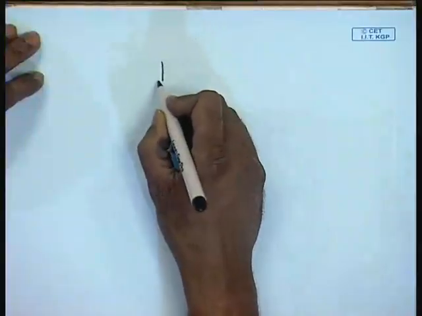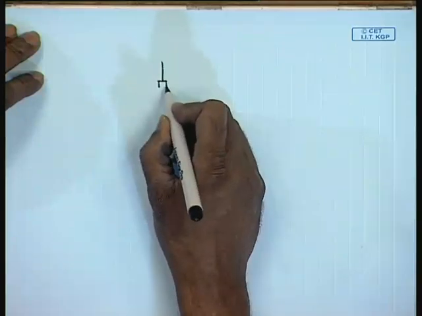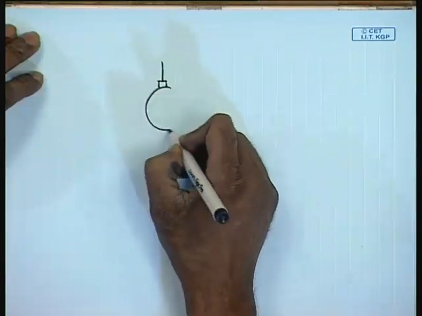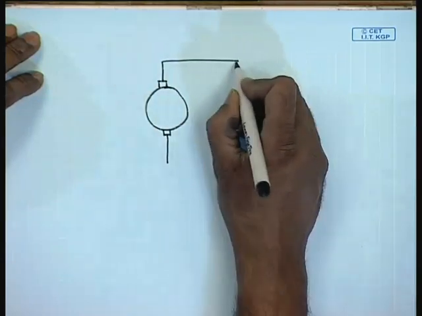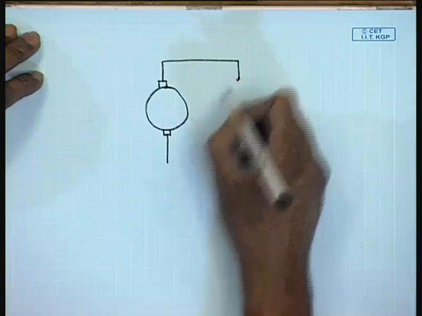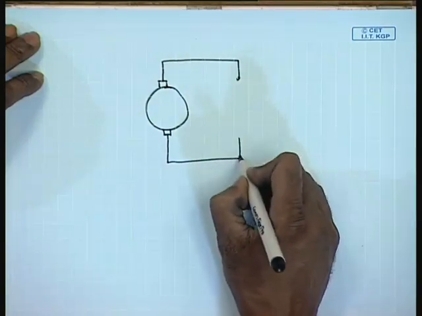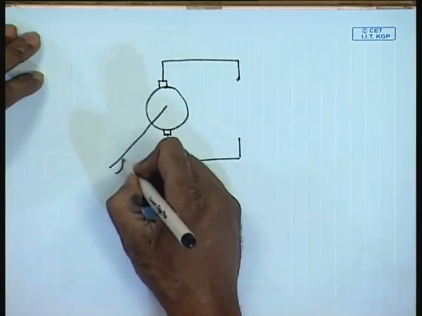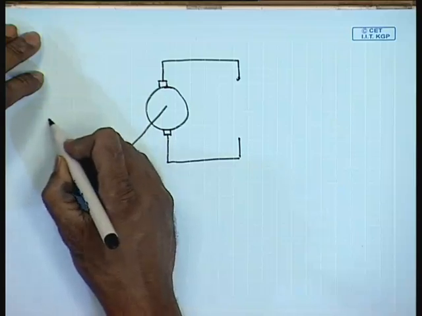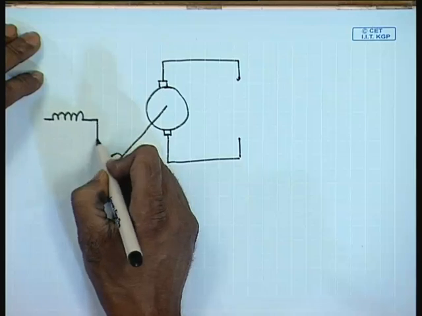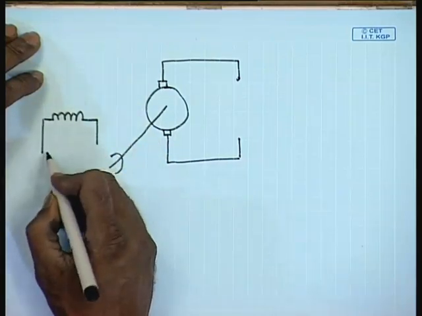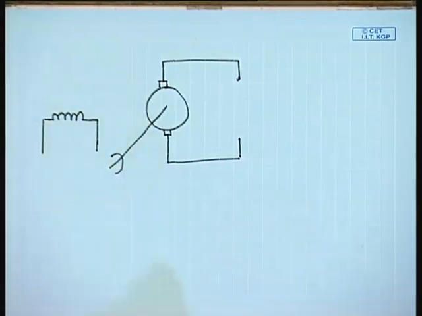In the last class, we have seen that a DC generator can be operated with a separately excited field, when this field excitation is supplied from a separate source.